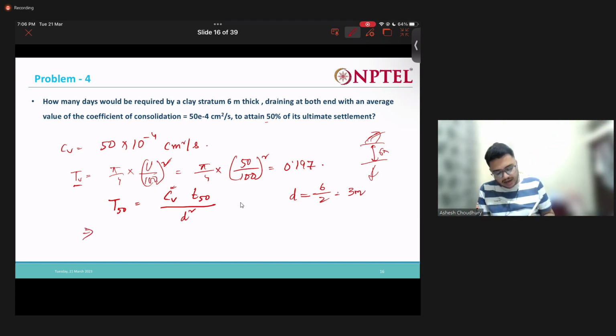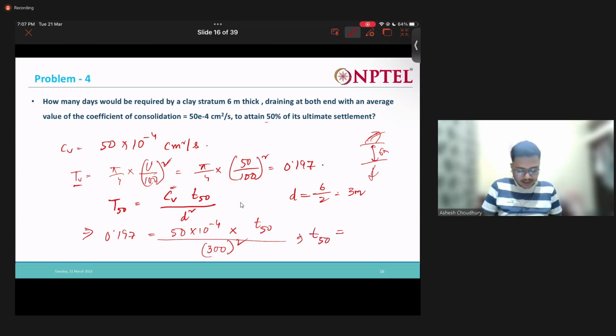So Tv we have, 0.197. Cv we have. t50 we need to find out. This 3 meter means 300 centimeter. Please solve this and find out the t50. Tell me how much it is coming.